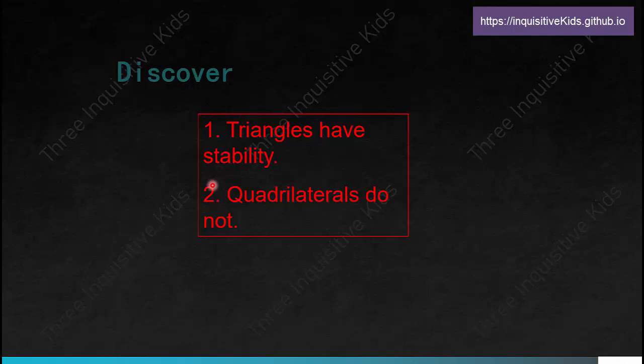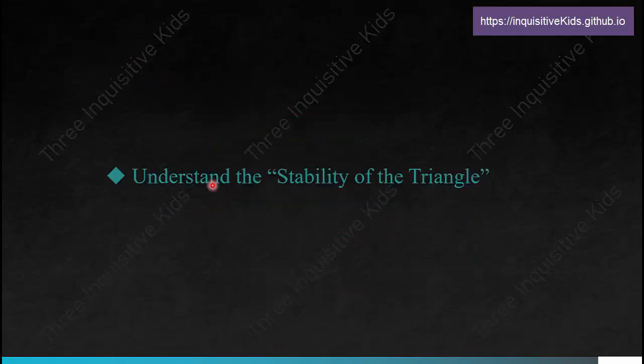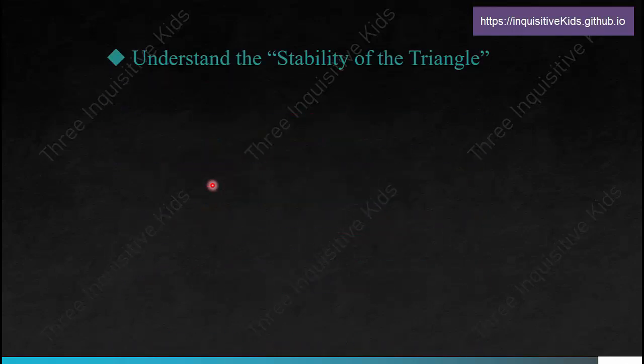So look at some of the furniture around you. You might see that there are many triangles, or maybe quadrilaterals with a diagonal through them to make, say, a chair stable. That's because triangles have stability. So let's understand the stability of the triangle.